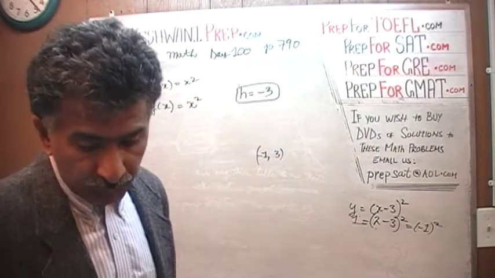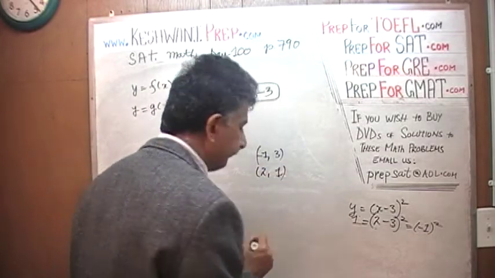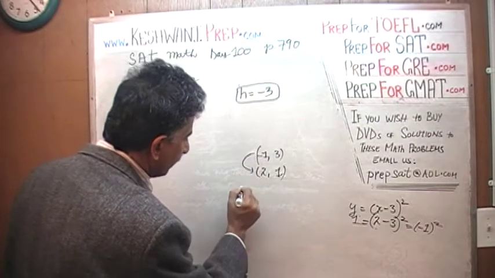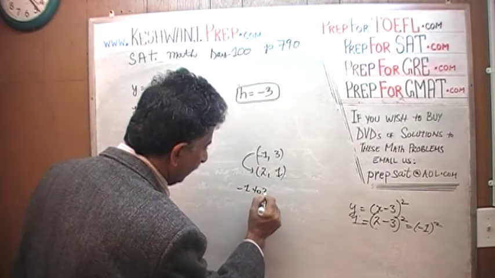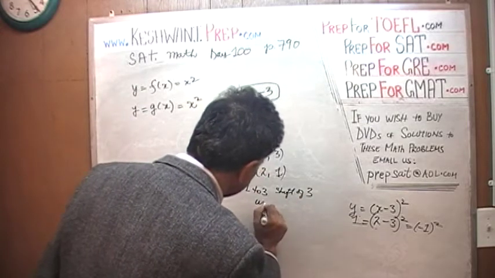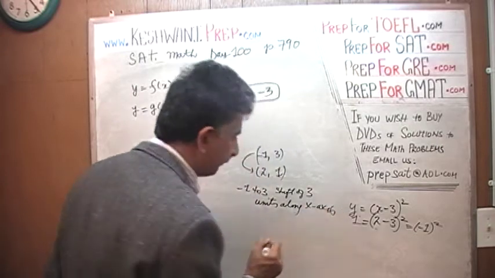The peak in the new graph appears at 2 and 1. Going from negative 1 to 2 is a shift of 3 units along the x-axis.